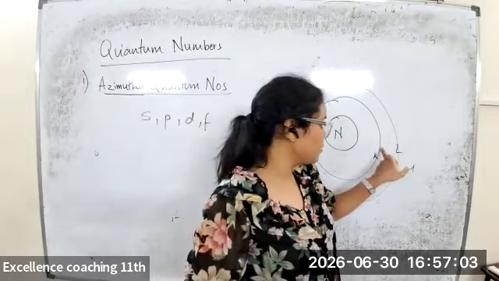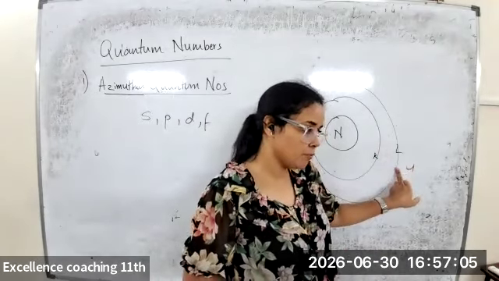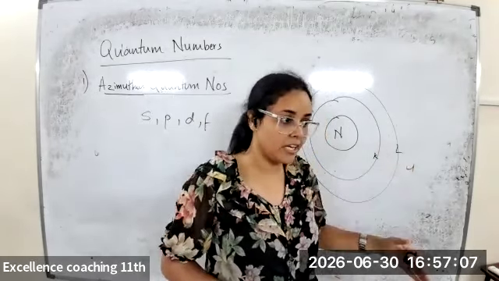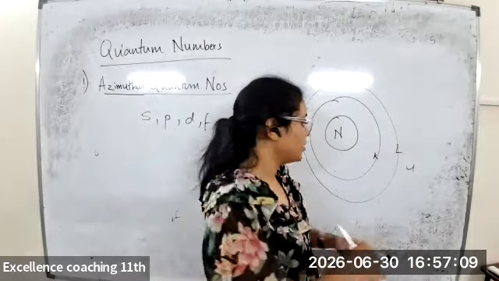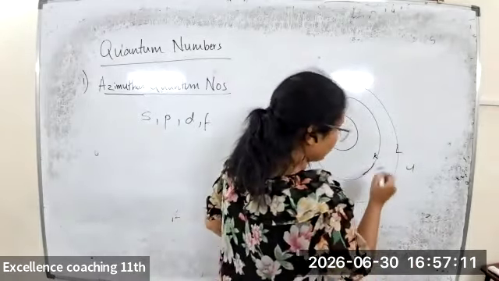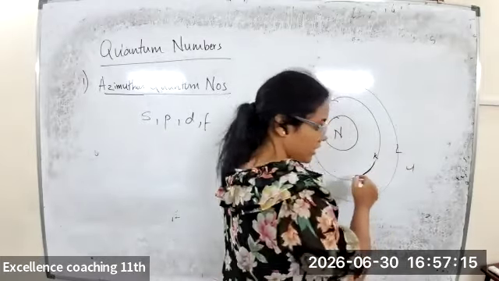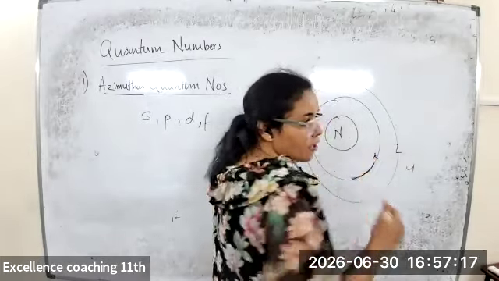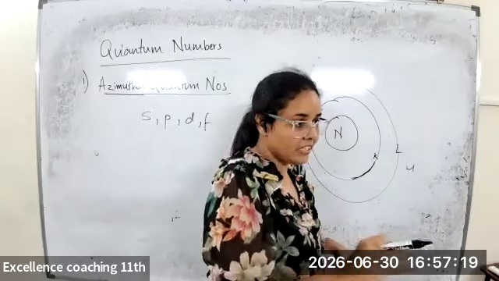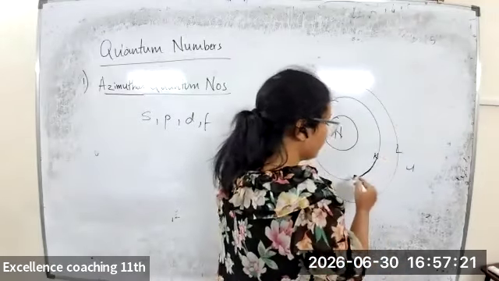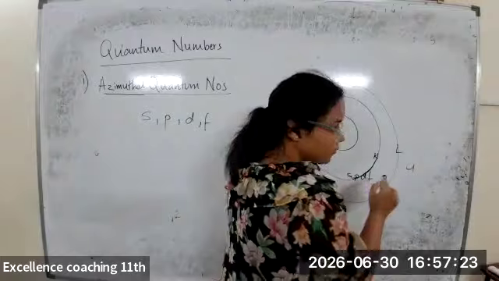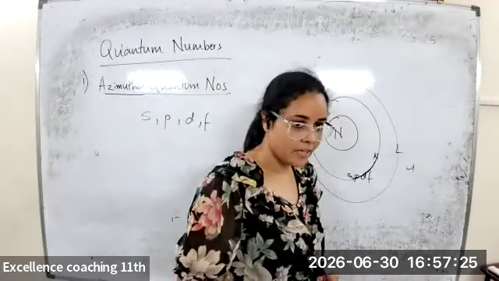So in this case it will be one, in this case it will be two. The subshells speak about the inner subshells within a particular shell. Like this shell can have S, P, D, F, and so on.